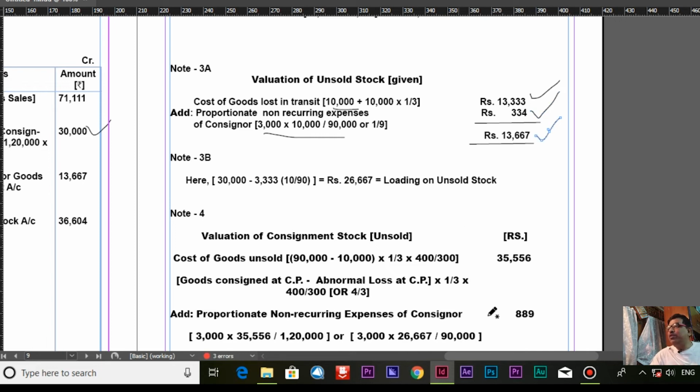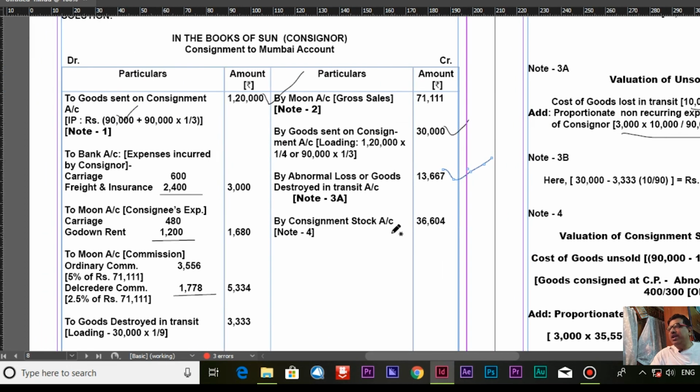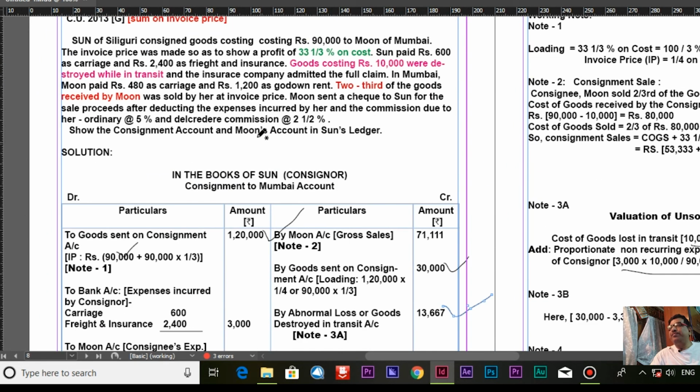Naturally, total is 13,667, and it is abnormal loss of goods or goods destroyed in transit, that is 13,667. Now come to the question again.